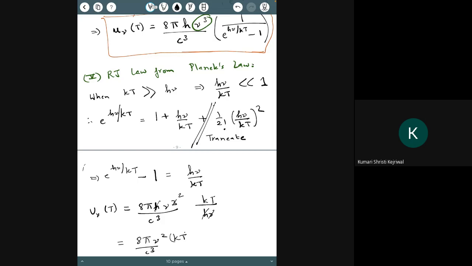Ma'am, I have a very silly question. When Rayleigh-Jeans came up with this law, the experimental curve came after that? I mean, first the theory was proposed? Well, the theory was just the classical theory.